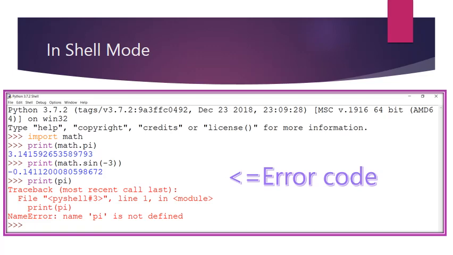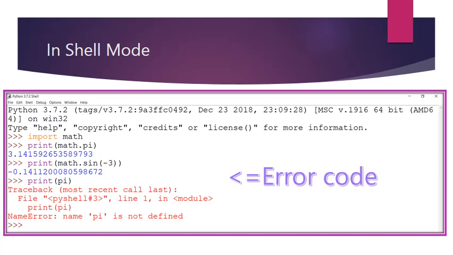So in the first prompt, I have written import math. It will import the math module into the shell. After that, I have written print within brackets, module name, that is math.pi. It will return pi's value.